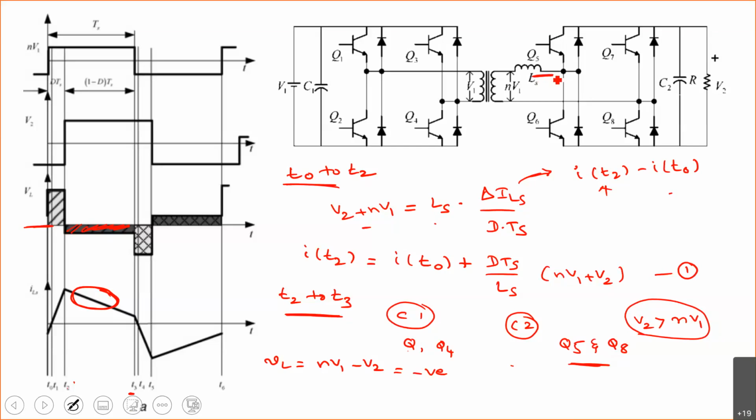So this is the positive current, right? Therefore it will flow like this, through the load, and D8. Agree? So which one is now actually conducting here? D5, D8. It's clear? So here the diodes are in conduction.